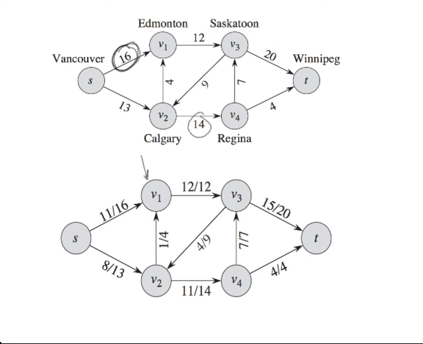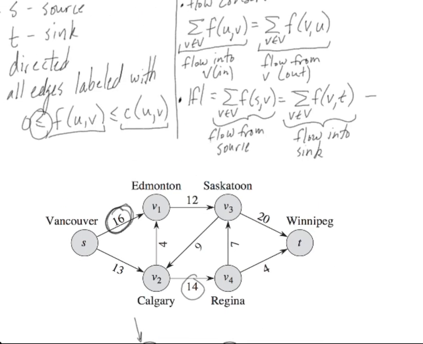Now, what is the value of the flow? Up here, I wrote |f|, and that is actually the value of the flow. The value of the flow is the flow coming from the source, or the flow going into the sink.